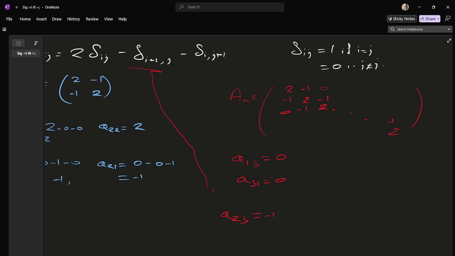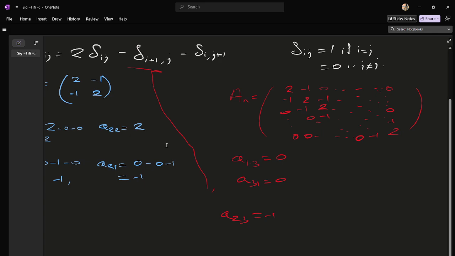Here will be minus 1, here is 0, here is 0, upper 0. Here is minus 1, 0, and minus 1 are here.